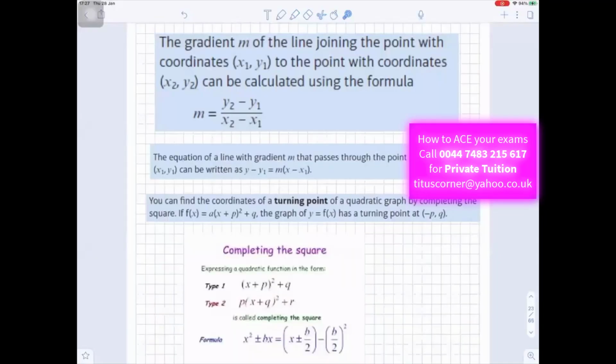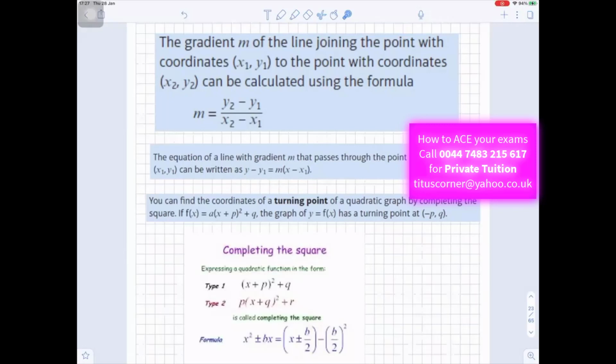To solve this question, we're going to use this formula. The gradient of a line joining the point with coordinates x1, y1 and x2, y2 is given by that formula. We're also going to use this formula: y minus y1 is equal to m bracket x minus x1.